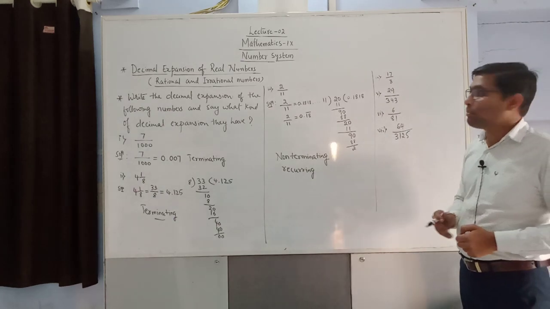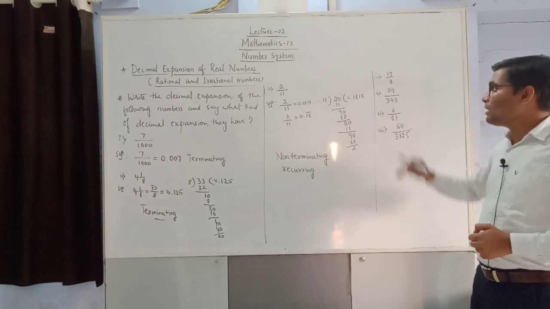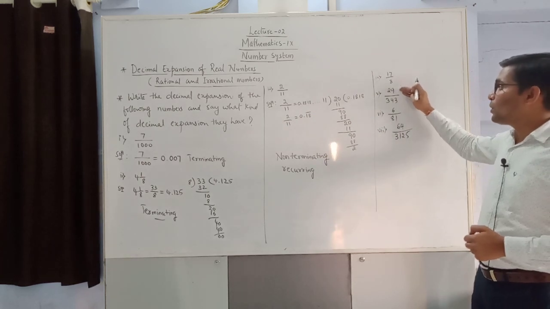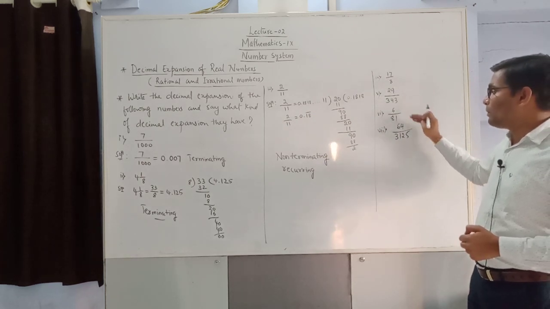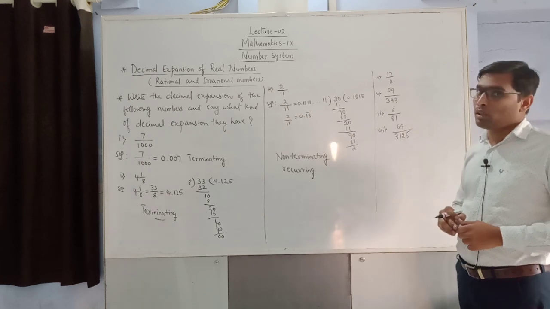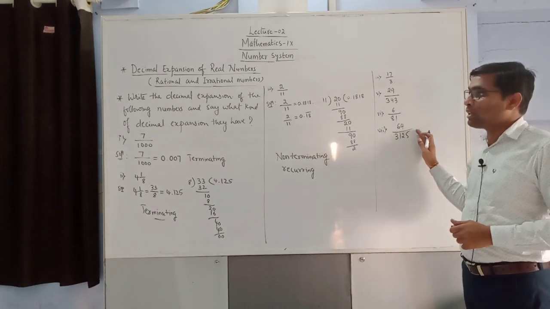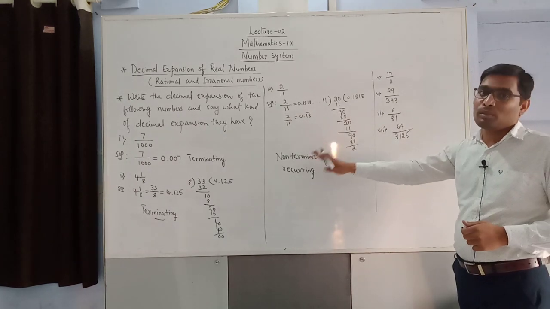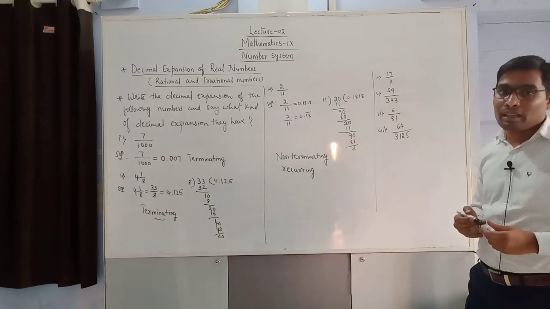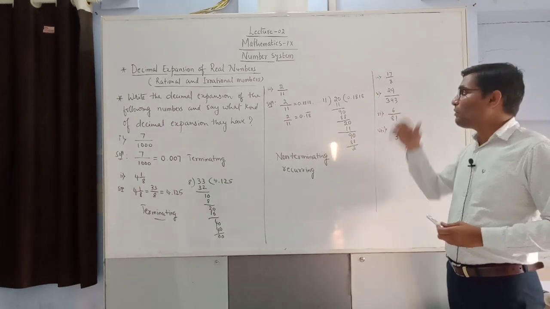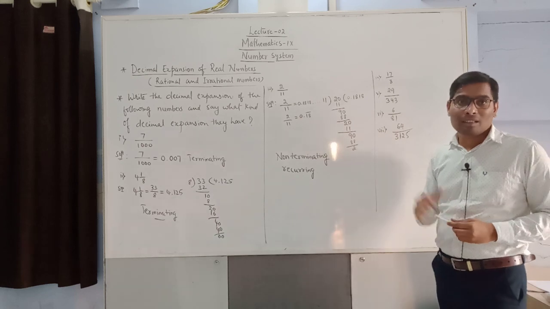These are examples that I will give as homework, that is 17 by 8, 29 by 343, 6 by 81 and 64 by 3125. These 4 problems are also based on the same concept. Try them yourself at home and find out what kind of decimal expansions these numbers have.